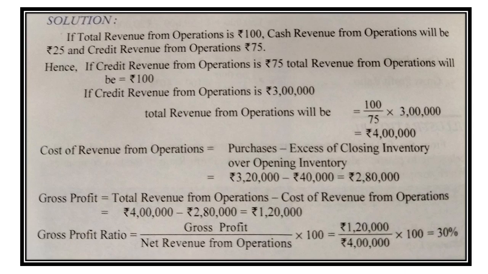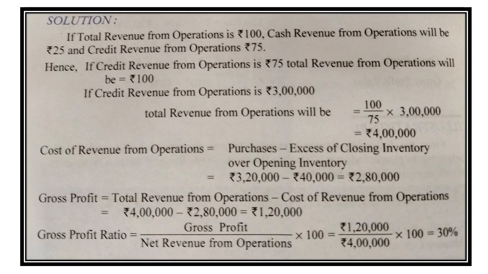If credit revenue from operations is rupees 75, then the total revenue from operations will be rupees 100. If credit revenue from operations is rupees 3 lakh, then total revenue from operations will be 100 divided by 75 multiplied by 3 lakhs. It is rupees 4 lakh.